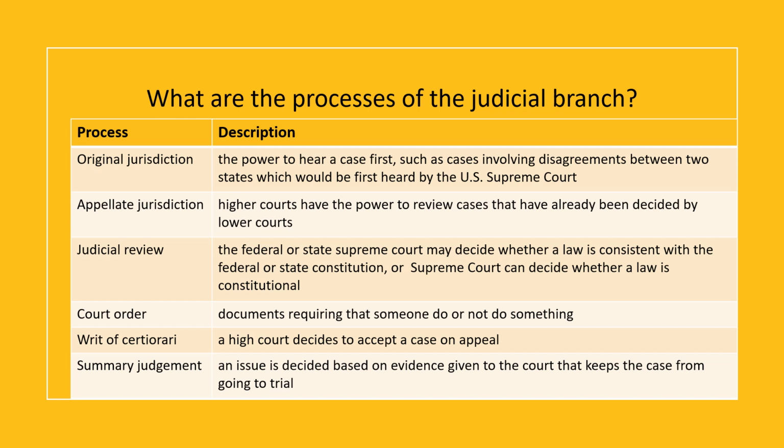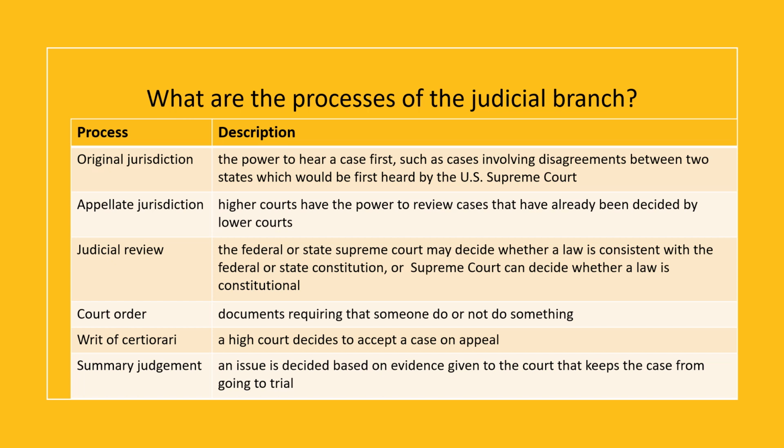So, for example, the United States Constitution provides a specific list of situations where the United States Supreme Court, the highest court in the land, is also the court of original jurisdiction. This means that the Supreme Court is going to be the first court to hear this case because this case involves a dispute where the U.S. Constitution has determined that the Supreme Court should be the first court to hear a case.